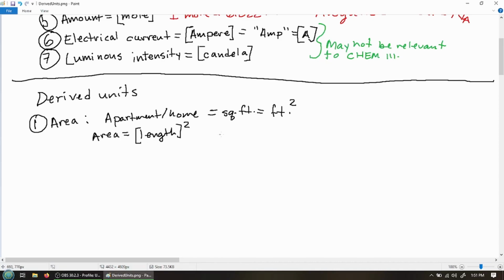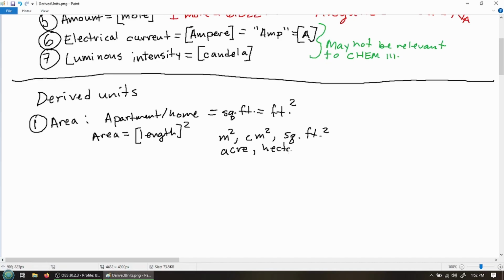So you might see square meters, you might see square centimeters, you might see square feet, right? But all of these are going to be measures of area because they all express it in terms of length squared. Now, of course, we also have other measures of area, right? We have acres, we also have hectares.